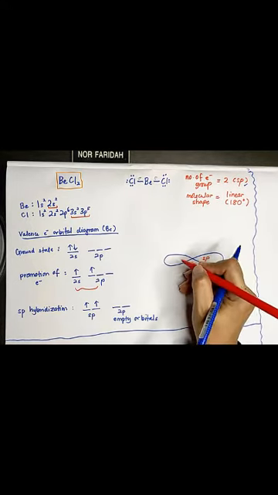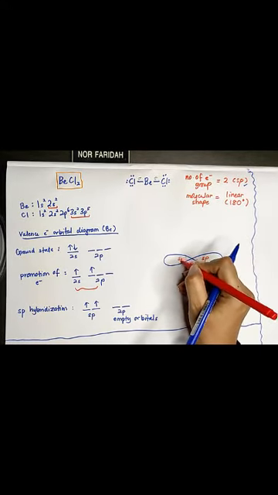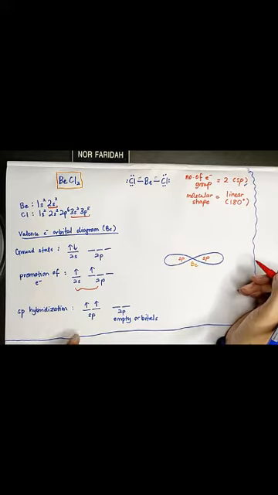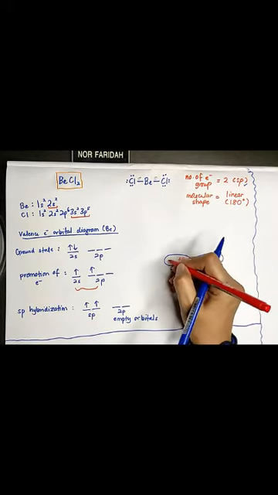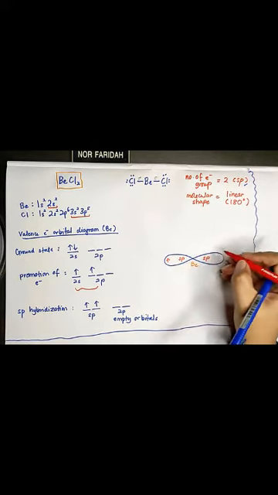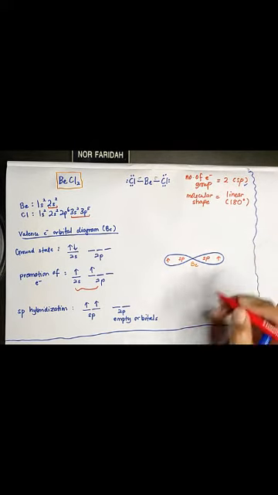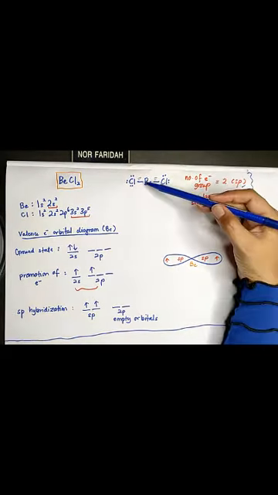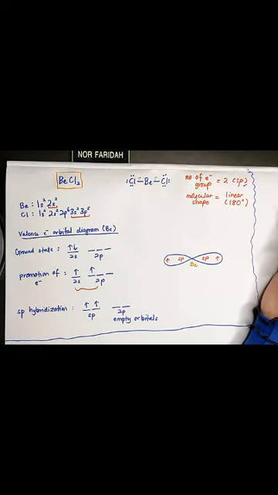Ada berapa sp? Ada 2. 1, 2. Okey, setiap hybrid orbitals ini ada satu unpaired elektron. Jadinya sekarang kita kena tunjukkan how the sigma bond is formed from the orbital overlapping.